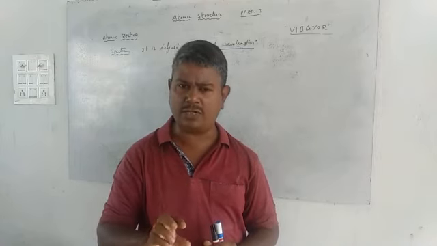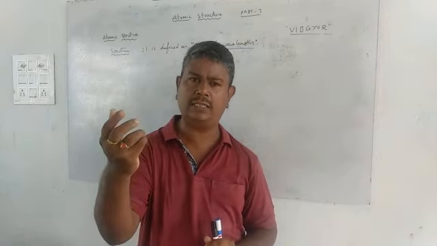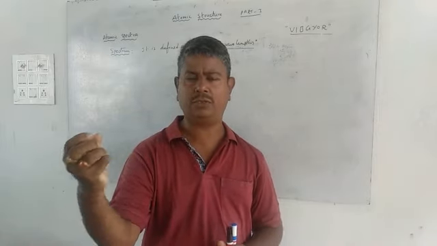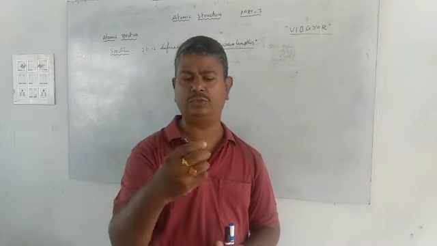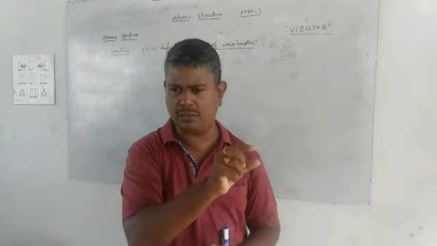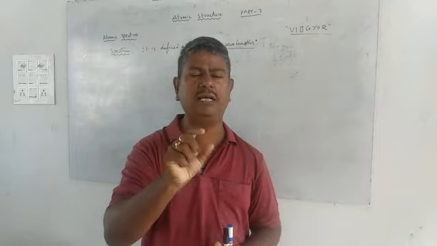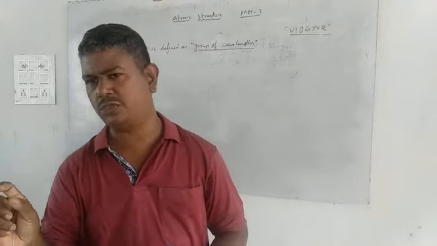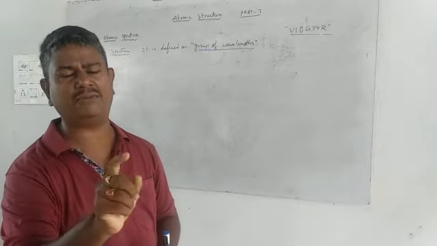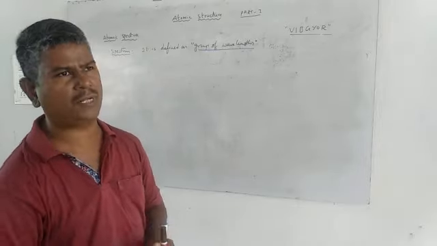And the other one: while an electron jumps from a lower to a higher level, some amount of energy is absorbed. Due to the absorption of light, such a spectrum is called an absorption spectrum. So here two kinds of spectrums are there: one is the emission spectrum and another is the absorption spectrum.